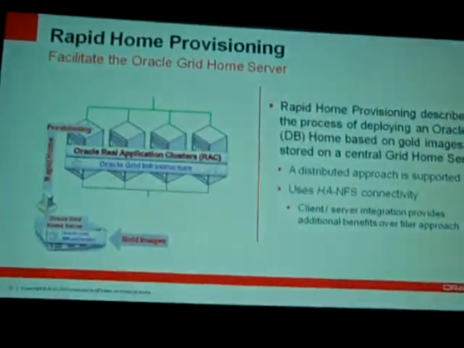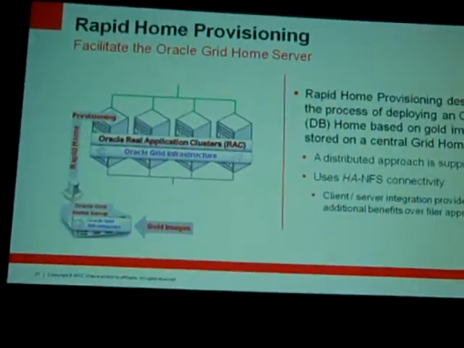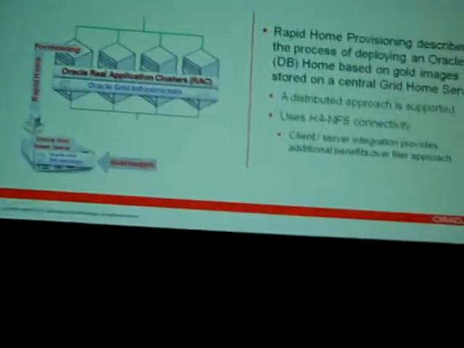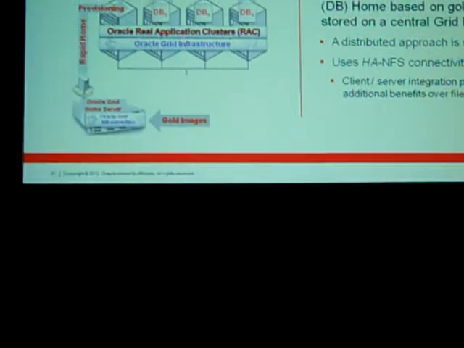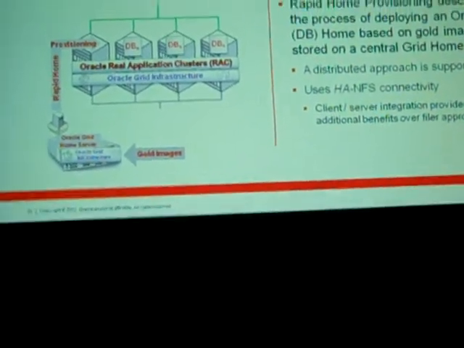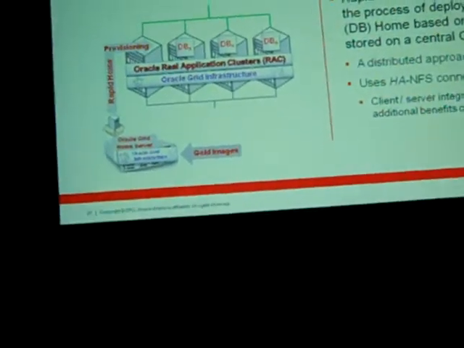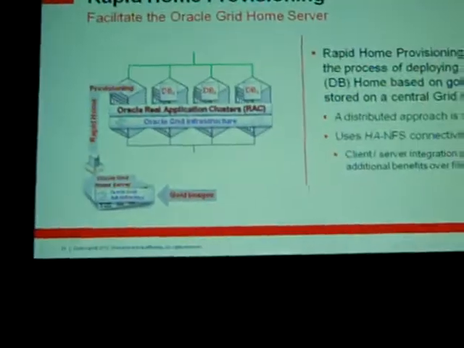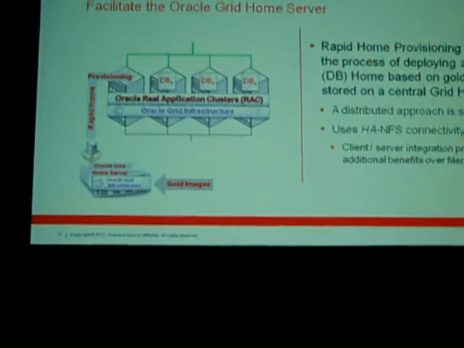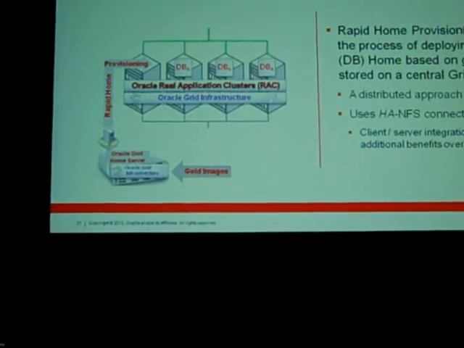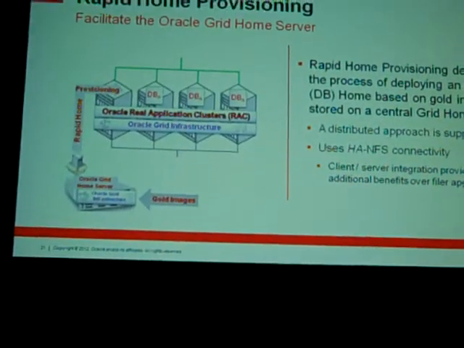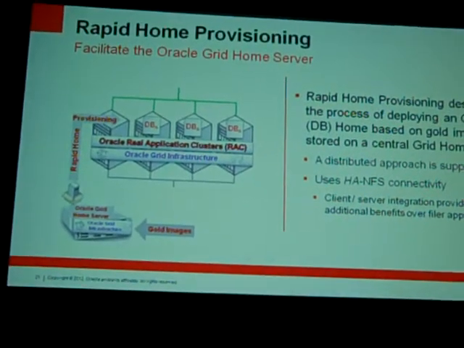In this case, the production cluster would connect to the Grid Home Server using HA-NFS connectivity, and would then run the database homes based on an HA-NFS mounted home and create the database out of it. Now, I saw some frowning on some faces when I mentioned NFS. Well, it is not the same as an NFS filer approach.